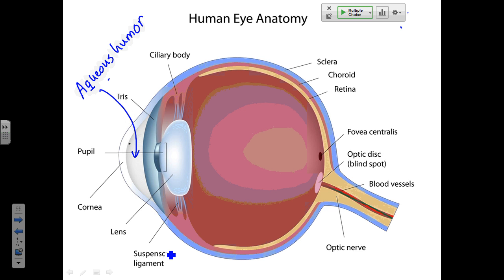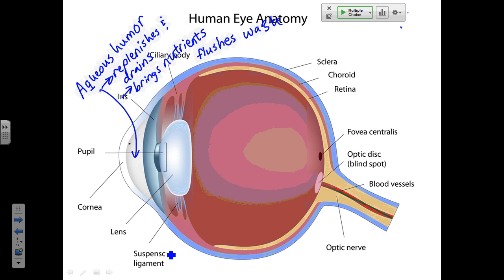This replenishes and drains regularly. It brings nutrients, flushes out waste. That's the aqueous humor. You can have excessive pressure here, so you can have a medical problem, which is called intraocular pressure.